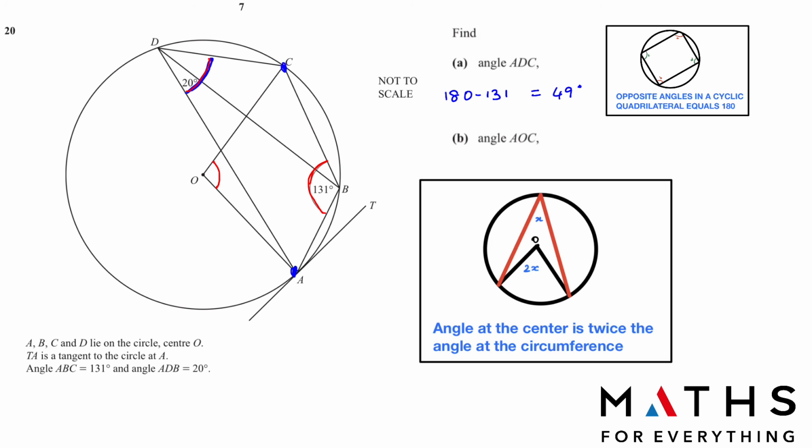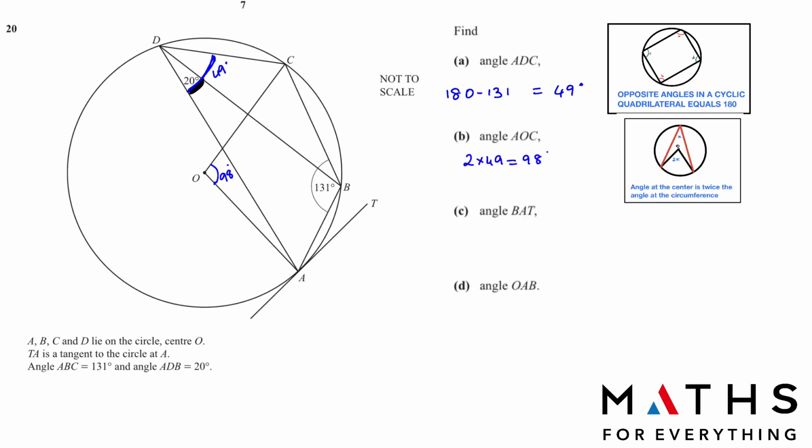They are starting from the same point here. ADC is the one which is at the circumference and we found it is 49 degrees. And we know the angle at the center is twice the angle at the circumference. So what is angle AOC going to be? 2 multiplied by 49, which is 98 degrees.